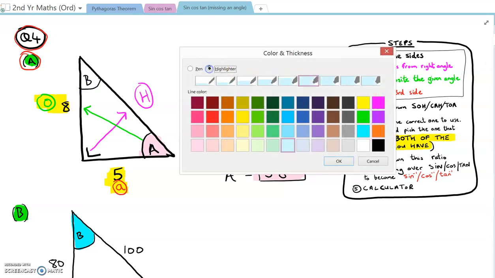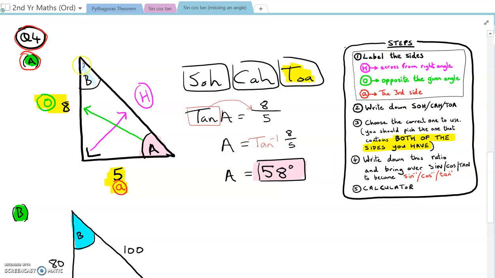How did I have that colored in? I think I had it in this color, didn't I? I might as well keep it going with that color. Now it's going to be really easy to find B. So pay attention to this now. I don't need to do any of this to find what B is. Remember that the three angles in a triangle always add up to 180.